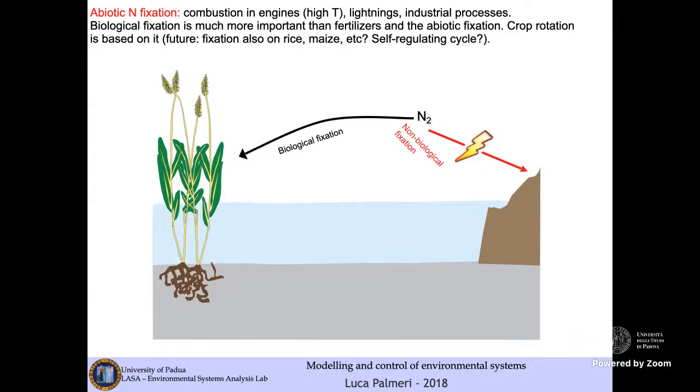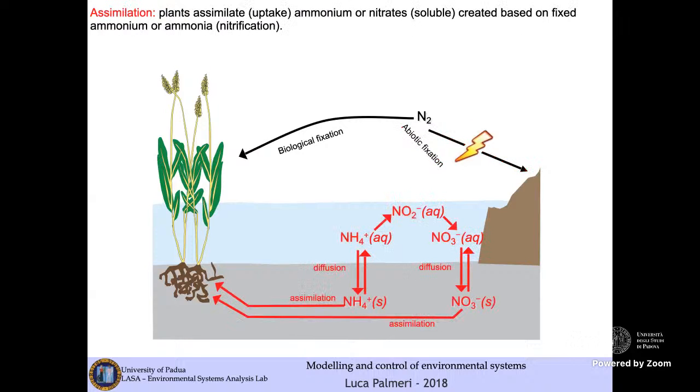We also have some cases of non-biological fixation, for example, in cases of strong energy sources, like thunder, in which you have strong energy transfers. Non-biological fixation may happen because these very strong energetic events may break the triple covalent bonds.